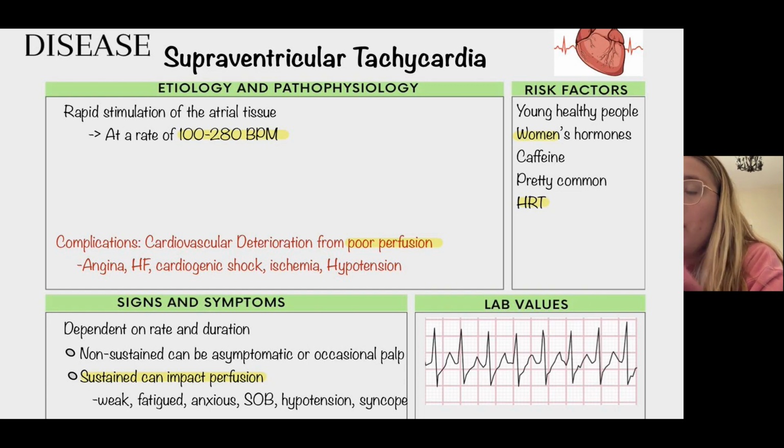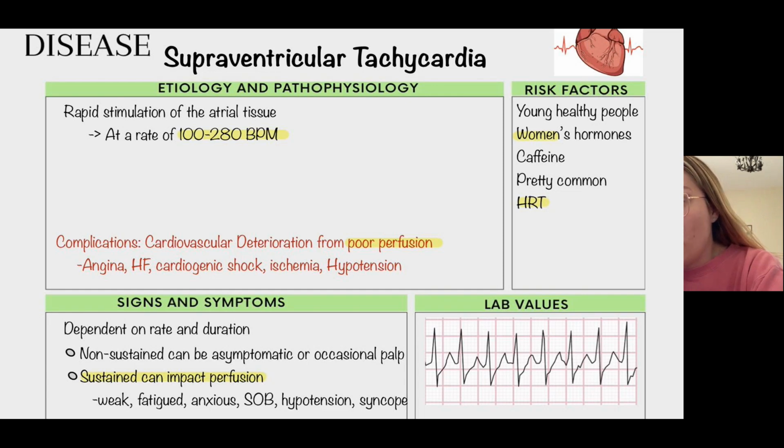The complication is that if my heart has to work this hard to produce 280 beats per minute, there's going to be quite a bit of damage to the heart muscle, possible deterioration, and poor perfusion. Not only is my body having a hard time perfusing, but my heart's also not going to be able to perfuse itself.